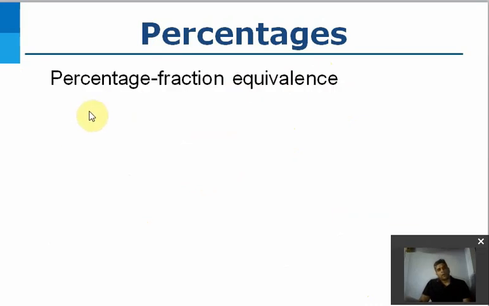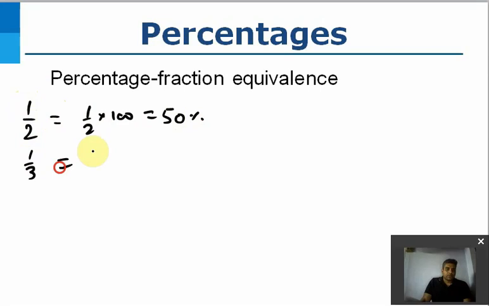Now a lot of the time I need to work with percentage and fraction equivalence, and I need to express certain fractions in terms of percentage. Let us first see the typical scenarios. If I have a fraction called half, you just multiply this by 100 and you get 50% as the percentage equivalent of half.